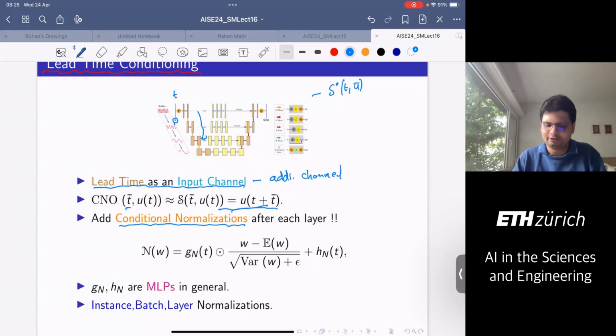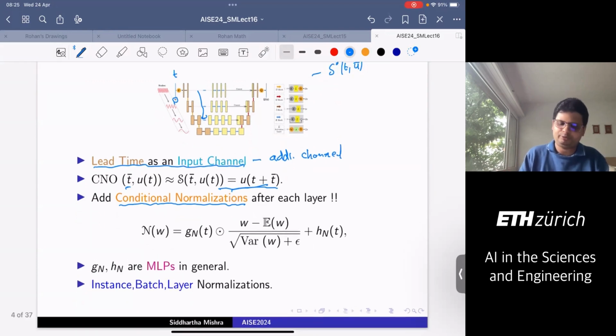So you have different kinds of normalizations. I'm not going to define them all, later today I'm going to define one of them explicitly, but you can do it over the instance, over the whole sample. You can do it over the batch, you can do it over the layer. There are different ways in which you take normalizations.